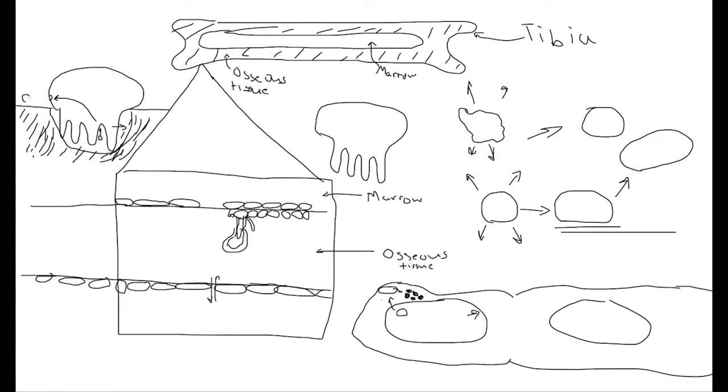And that way you are getting rid of extracellular matrix. So you're constantly producing more extracellular matrix and then destroying or resorbing extracellular matrix via these cells.